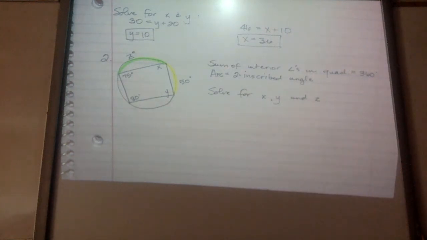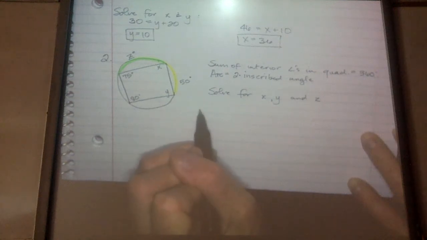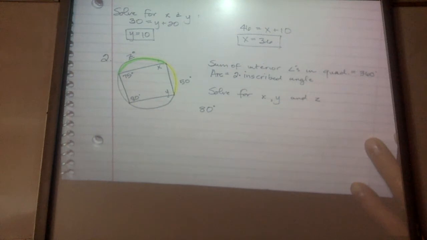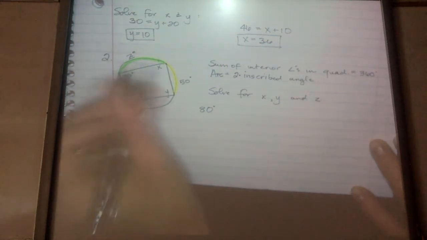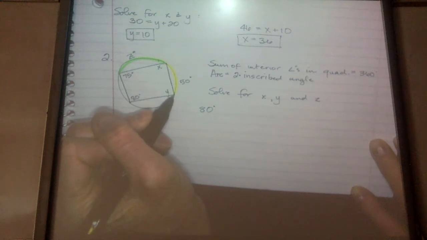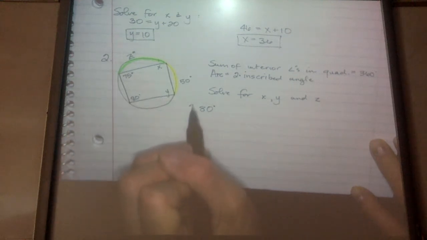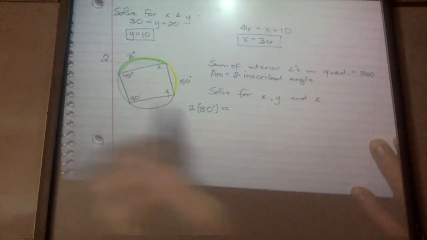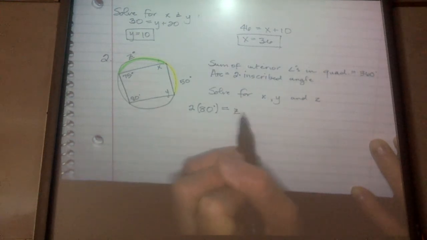It doesn't really matter what we start with, but I'm going to set it up this way. I know that angle 80 intercepts the arc Z plus 50. So 2 times 80 must equal Z plus 50.